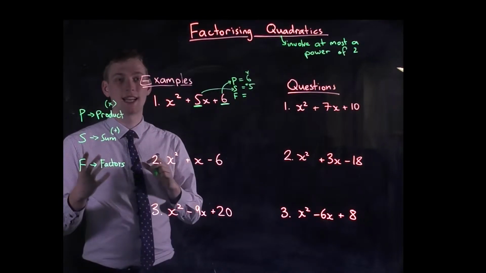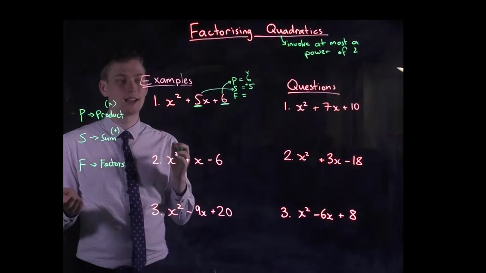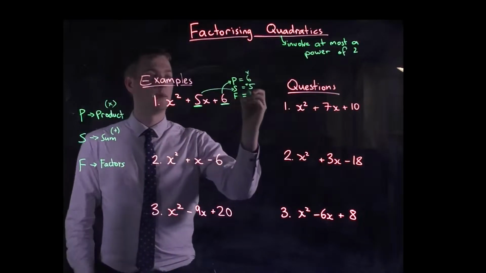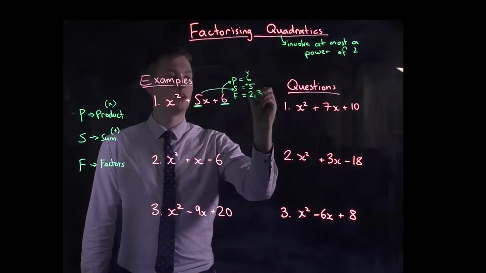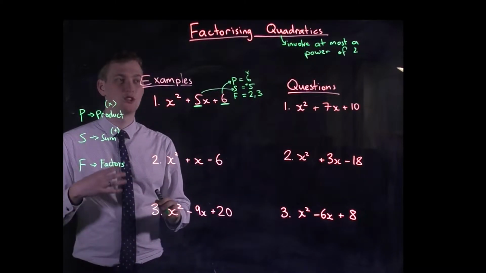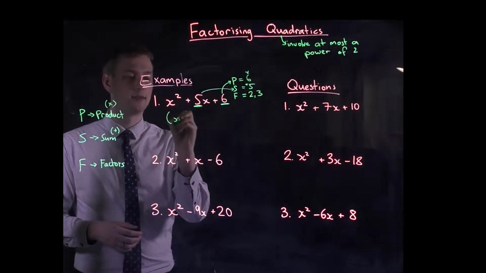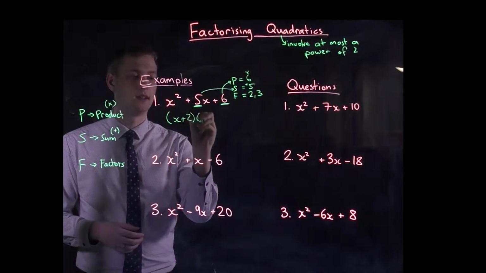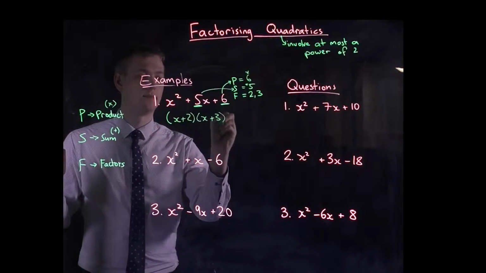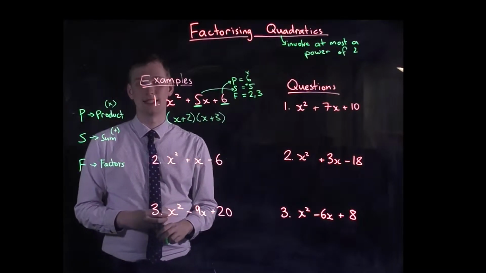Now, two numbers that I can think of, and this is a bit of guess and check to get the numbers, but I can think of 2 and 3. 2 times 3 is 6, 2 plus 3 is 5. So now I can easily just take those numbers, go x plus 2, x plus 3, and I get my factorization.